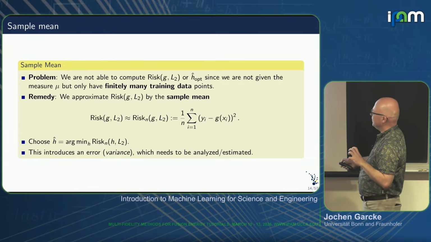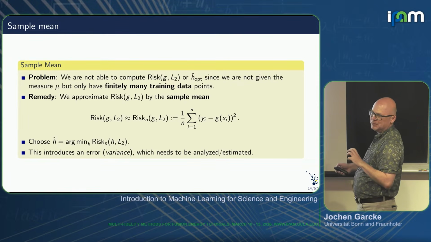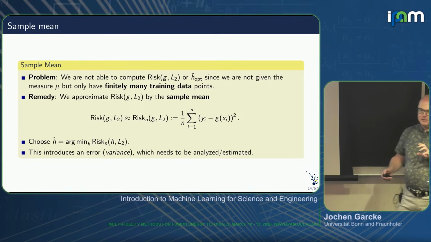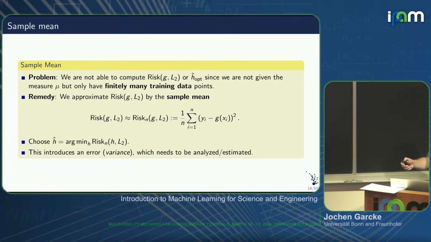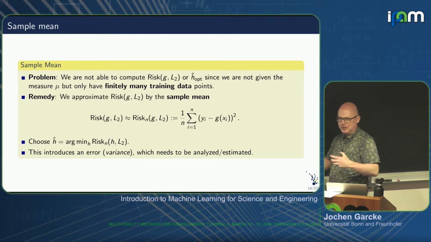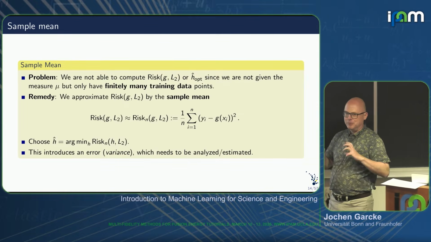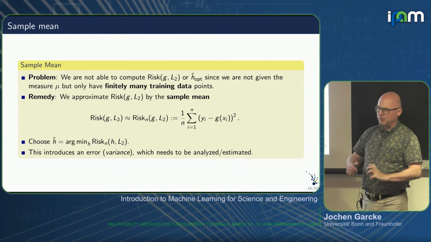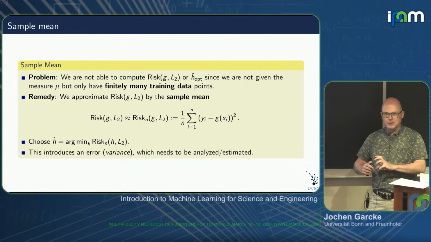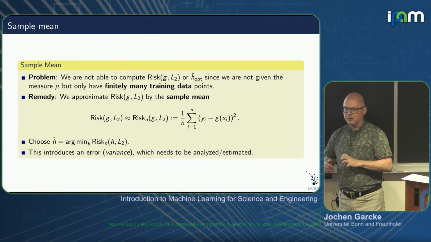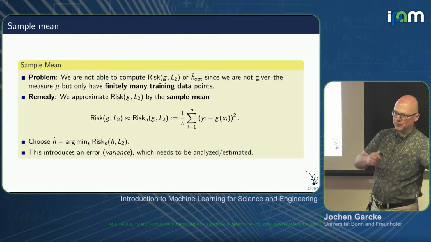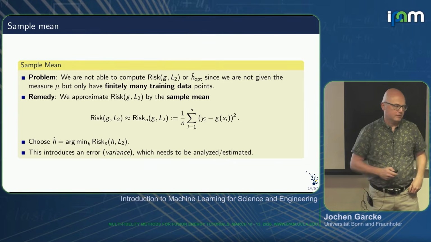So even if we get this error small, it might not help us at all. This is different from other optimization problems, where the optimization problem is the problem we want to solve. Here, the optimization problem is just a tool, a step for identifying a model which solves our actual task of prediction.